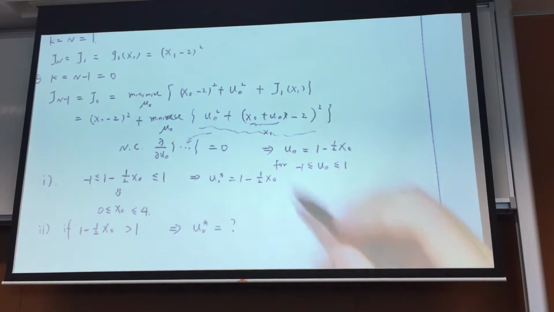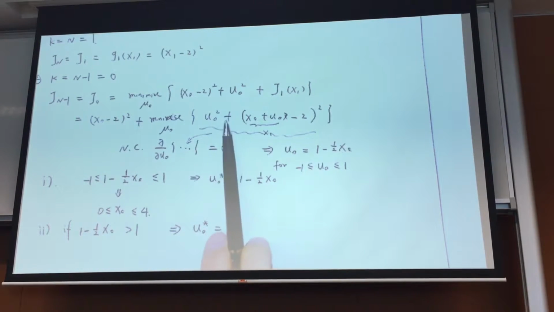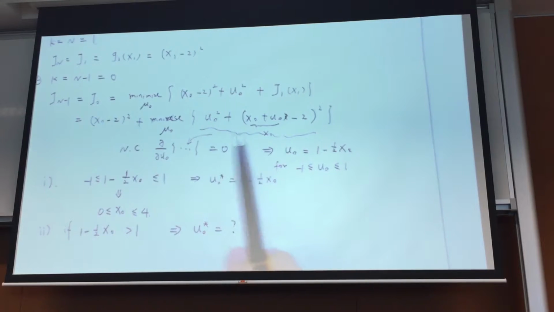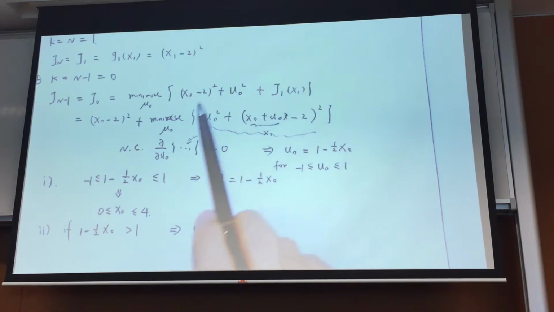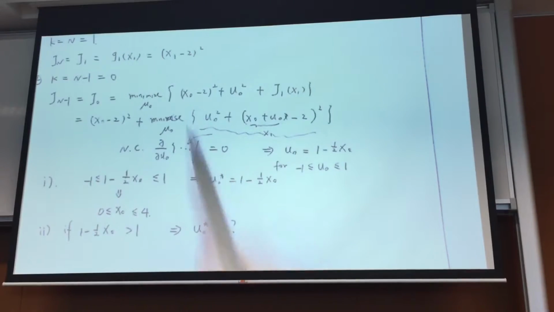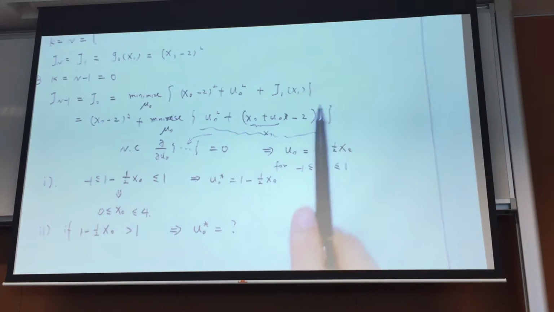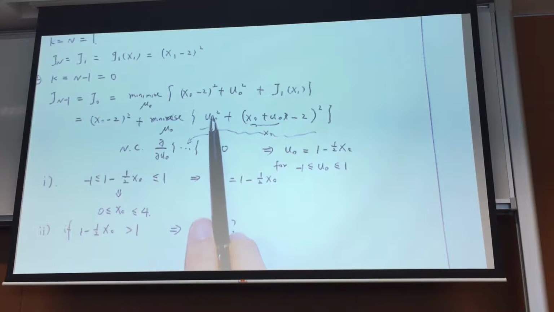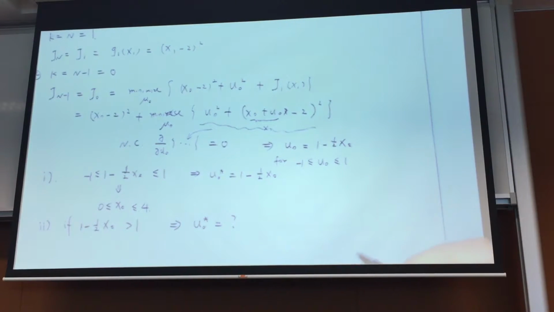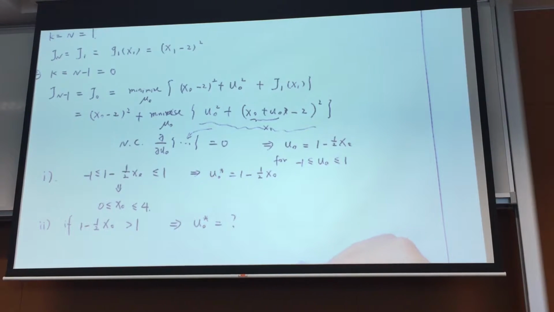We have a function for u0 here, and we want to find the minimizing point of this function. This function is a quadratic function of u0. For a quadratic function, if we plot the function, it will be something like this.